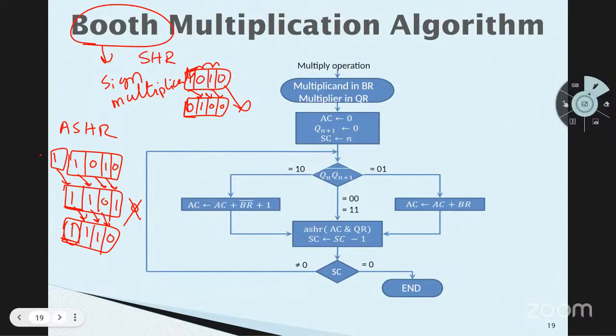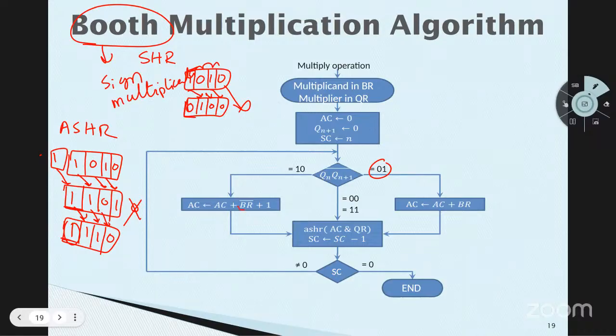Okay, the meaning changes are same. Multiplier in BR register same, multiplier in QR register. There they said BR, here B, no issue. B register and multiplier in Q register. Then accumulator AC with 0 and Qn plus 1 is 0 and SC sequence counter is N. Here also same. Next, previously we checked 1 bit, here 2 bits. Okay, so with 2 bits, if 0 1 then addition operation, and if 1 0, then AC plus BR dash plus 1.